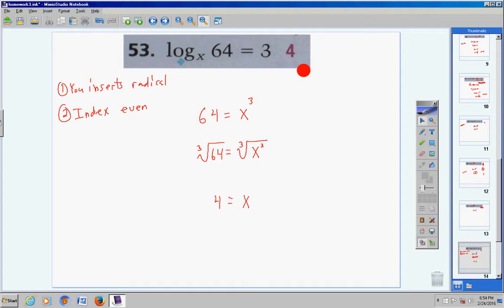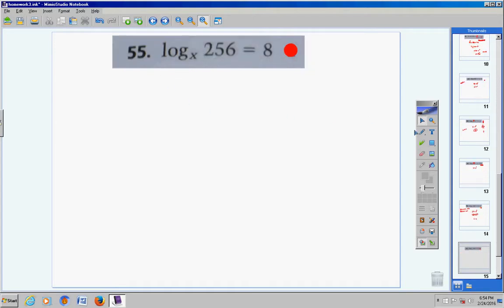Alright, moving on to number 55. Okay, step 1, isolate the logarithm. We've done that. Step 2, write this exponentially. So 256 equals x to the 8th power. Alright, so now I've got to solve the equation. Now notice, we do not have an exponential equation.